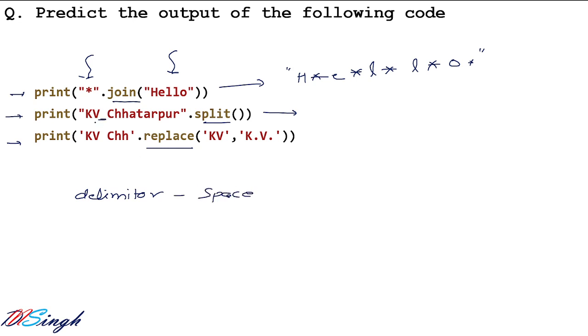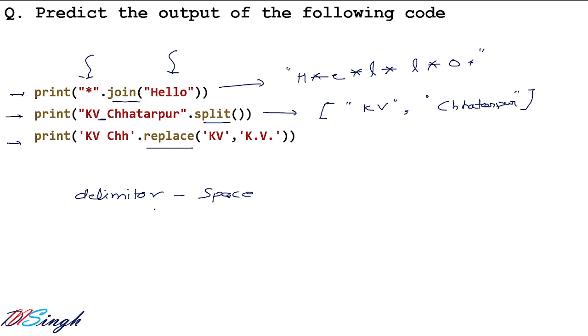So where you find a space, it is going to split that string into two elements, two substrings, and make a list of it. So the return value is a list where you have two elements like KV, comma, next, again Chhatarpur. Okay, so this is the output you are going to get out of it.